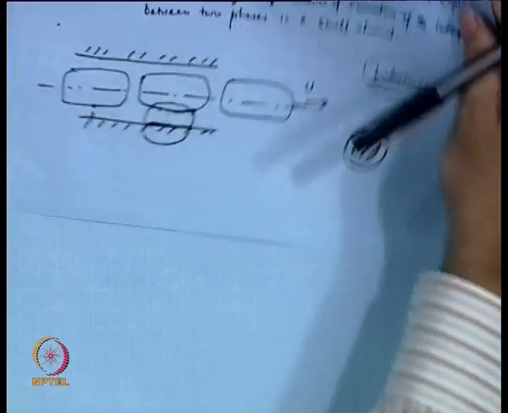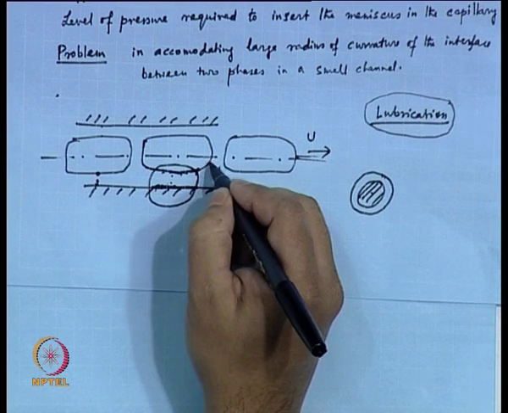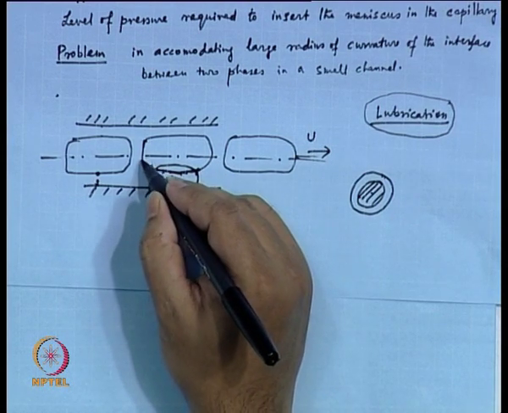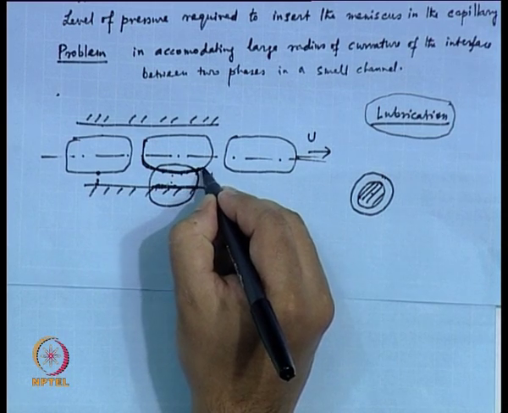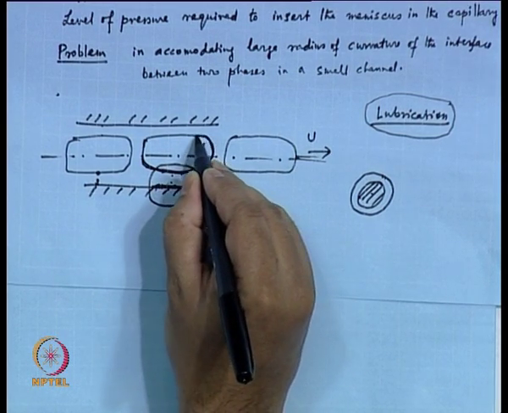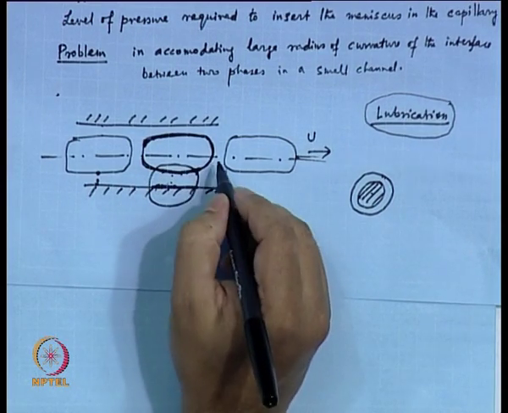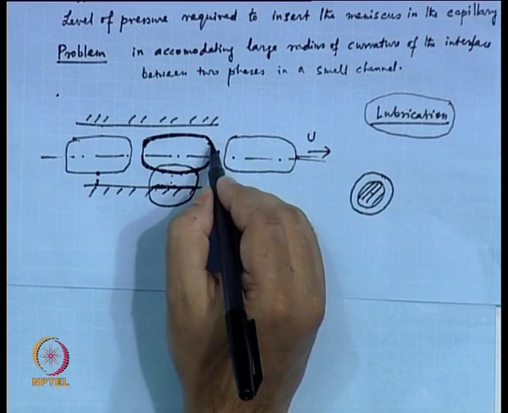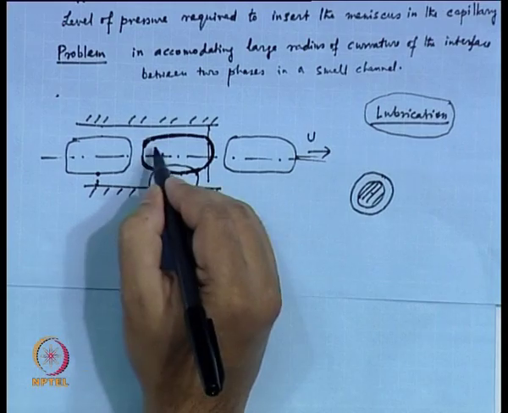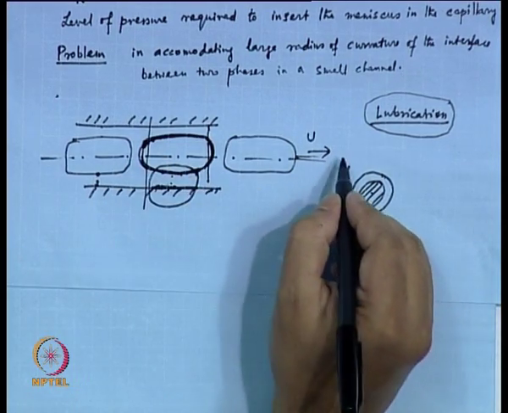Now if you look at these bubbles, what you see here is that there is a curvature. This is uniform, this is symmetric. Here it looks like a cap, so this we will call a front cap, and this we will call the back cap, because the bubble is moving in this direction.